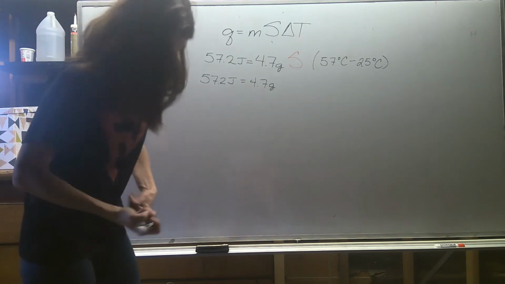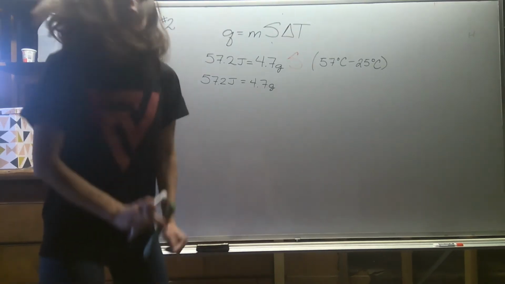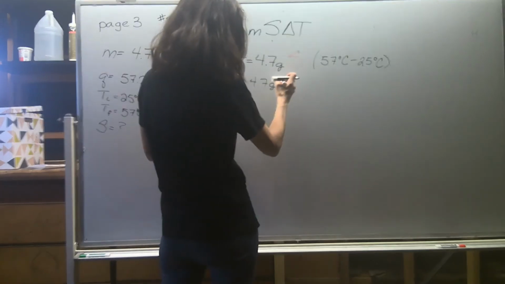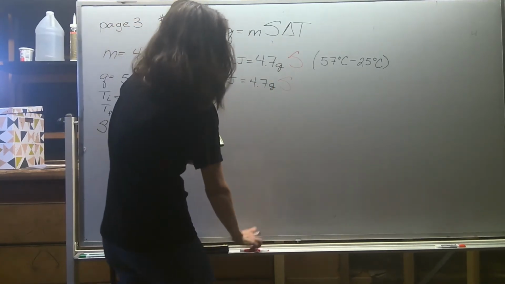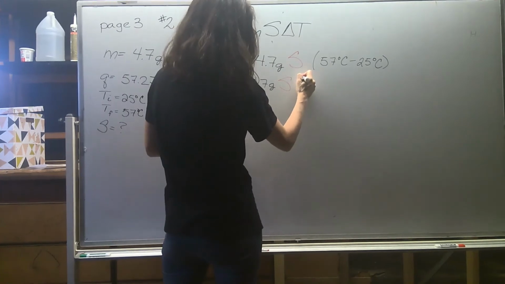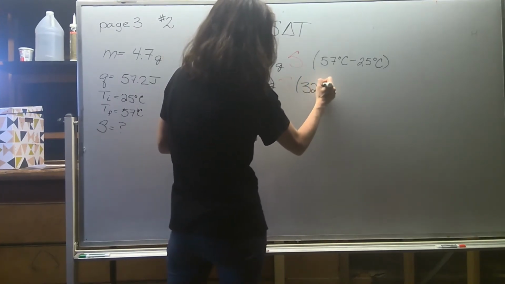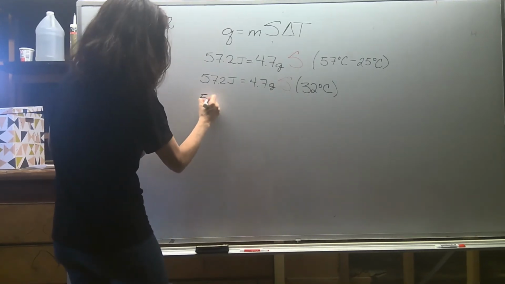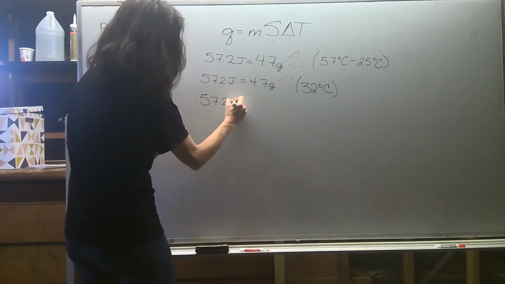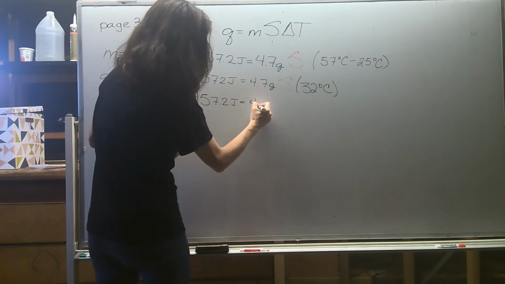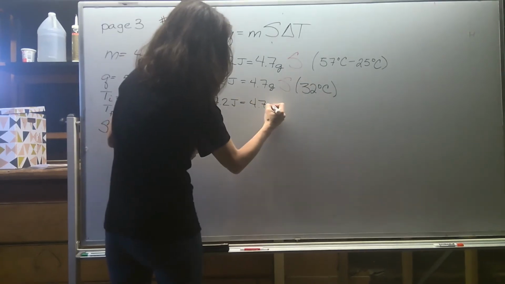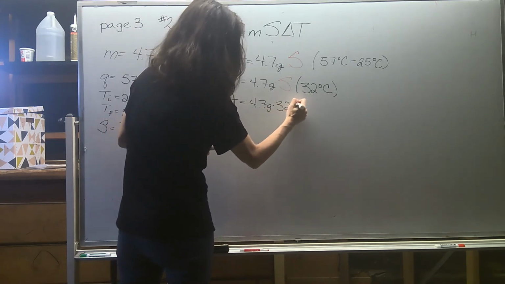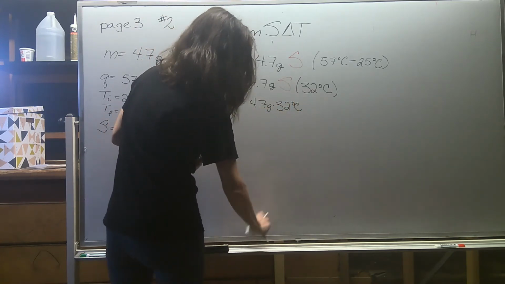So bear with me as I go through each step. So S, and when I subtracted these two, I got positive 32 degrees Celsius. And then I can rearrange this so they're next to each other, and that'll be a good reminder that I can multiply the 4.7 grams times the 32 degrees Celsius.